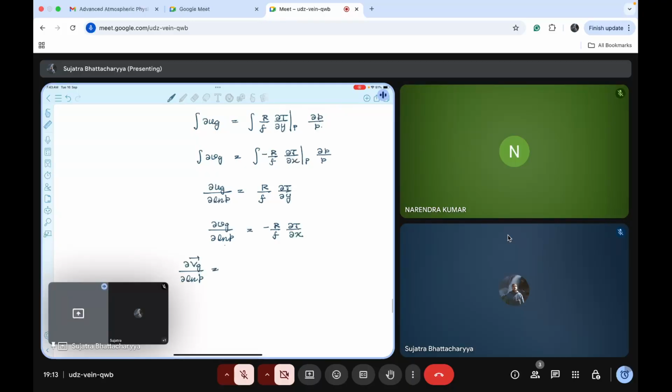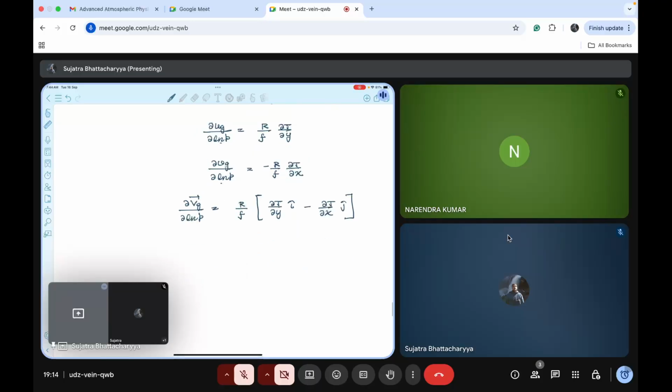This I have plus this j hat, so we can therefore write R by f, delta T by delta y, i hat, minus delta T by delta x, j hat. Okay. Now we will do some trick. i, j, k. We all know these cross product tricks.